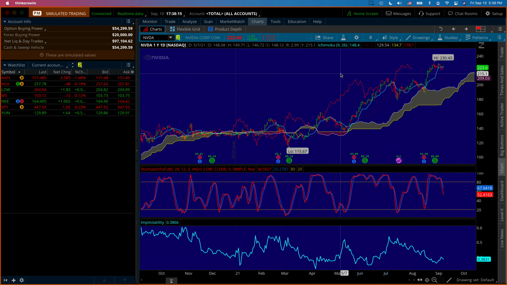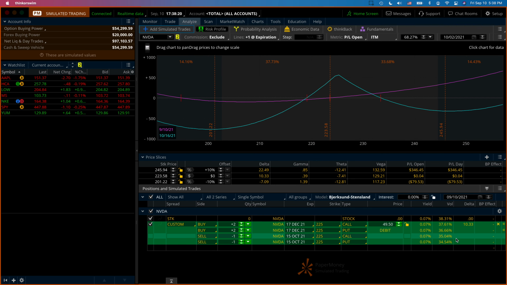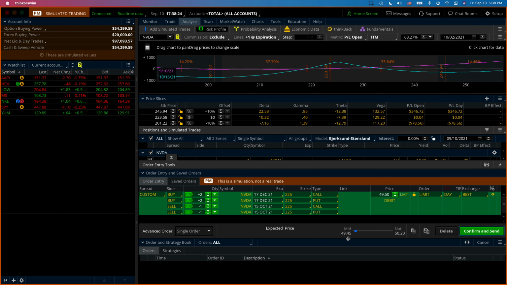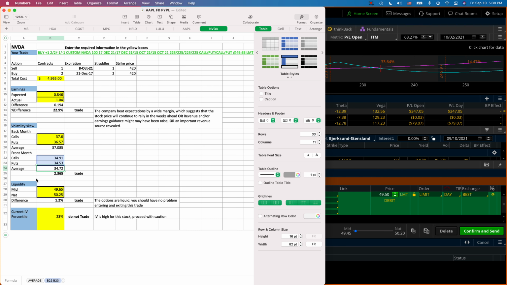Let's see the liquidity. Let's go to the Analyze tab. Create duplicate, and there's my liquidity, 49.45 versus 50.2. Yeah, that's definitely acceptable.